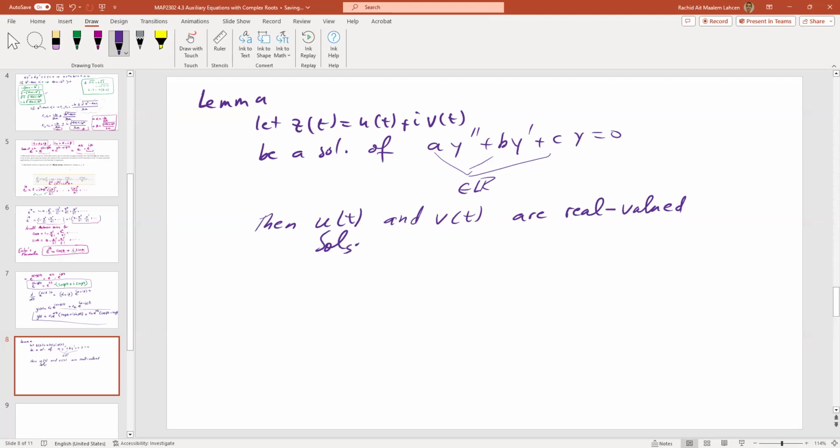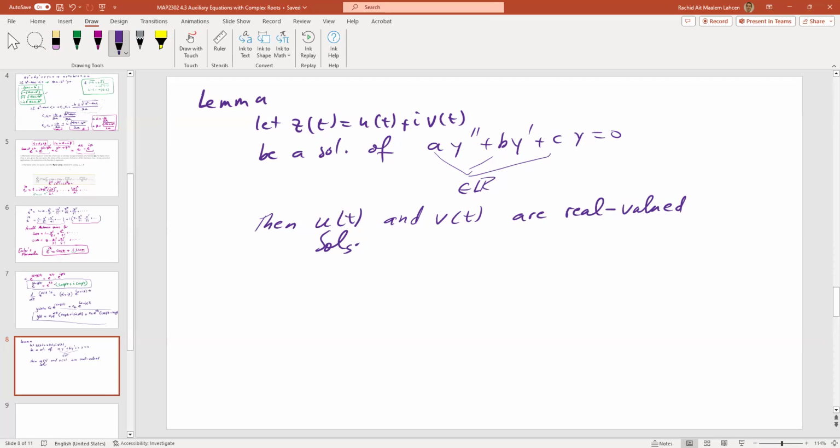And you will see why, because we're running into this complex arithmetic, then we want to find some alternative pair of solutions for these, and this lemma suggests that if you have this, then u(t) and v(t) are real solutions, and there is a nice proof to it. It doesn't take too long to do.